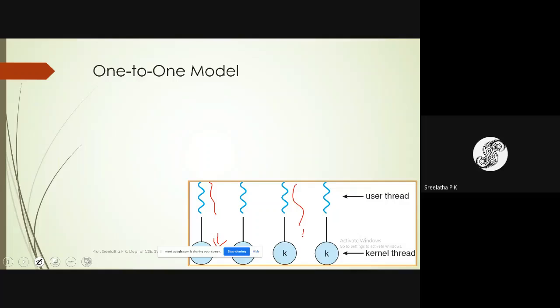Fine, a user thread and its own kernel thread. So each has its own kernel thread, and there is no blocking here, because even if one user thread gets blocked, there are other kernel threads and other user threads which can keep on executing. It doesn't stop the execution of other user threads.